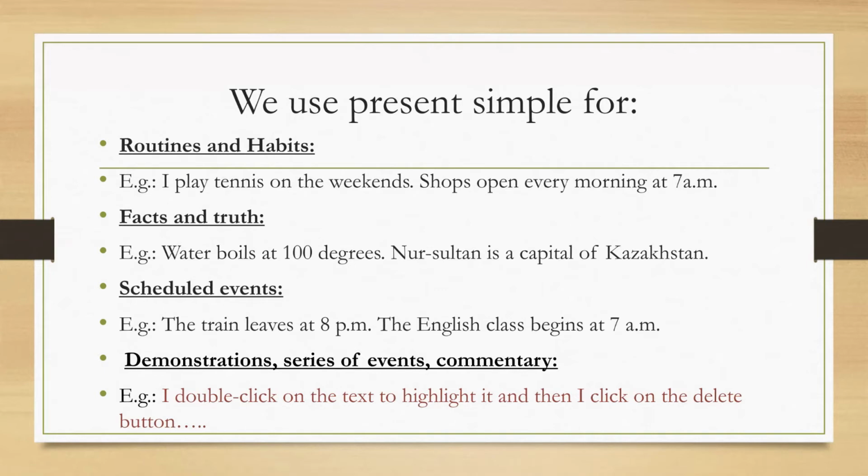I double click on the text to highlight it, and then I click on the delete button, and so on. So here you don't use the present continuous or present perfect, just use the present simple. So you don't say, I'm clicking on the text to highlight it, yeah? We just use the present simple.